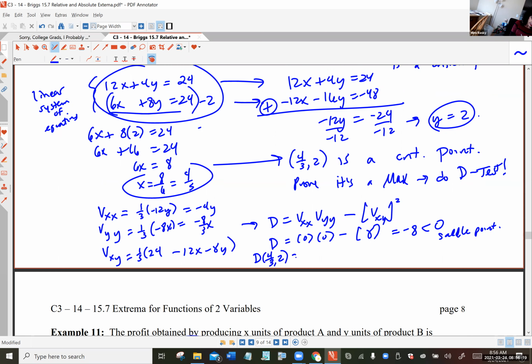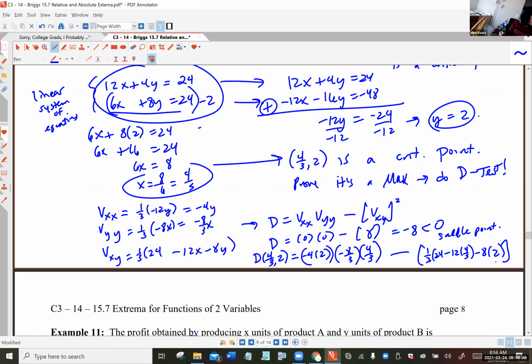So you're going to get -4y, so that's -4 times 2 for the Vxx, and then the Vyy, -8/3 times x, but that's 4/3, and then minus your Vxy, 1/3, and you're going to plug in your (4/3, 2) in here. Ugh. Yeah, I know, it's tedious.